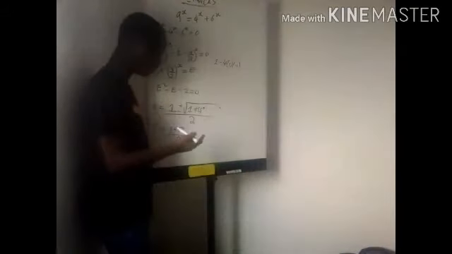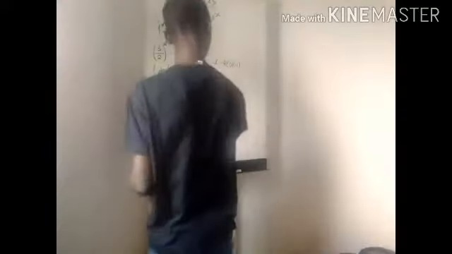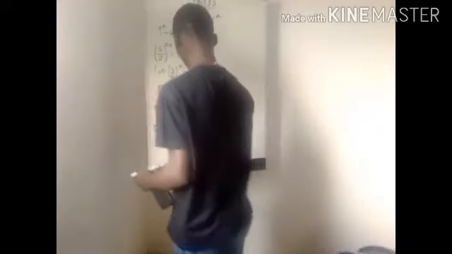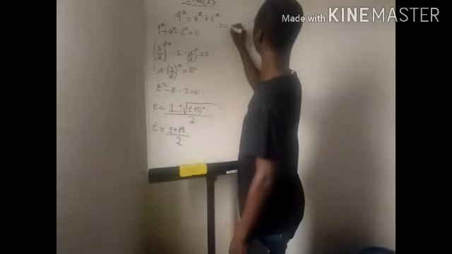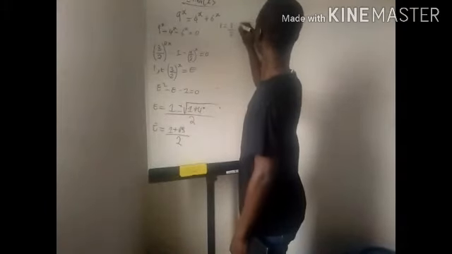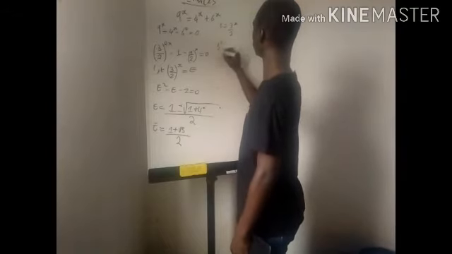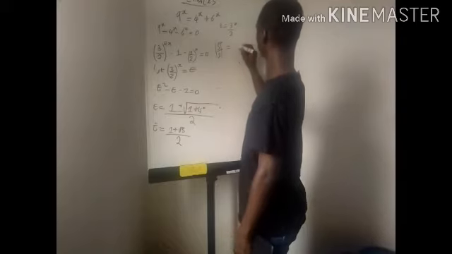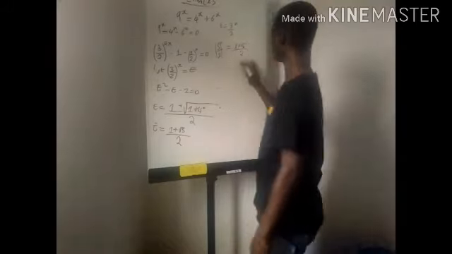I'll not work with the negative part. Now, remember, we're not solving for e, we're solving for x. However, e is equal to 3 on 2 to the x, and so 3 on 2 to the x is equal to 1 plus root 5 on 2.